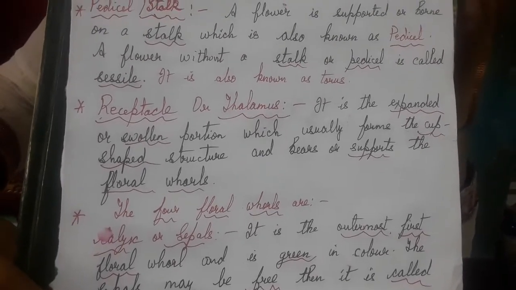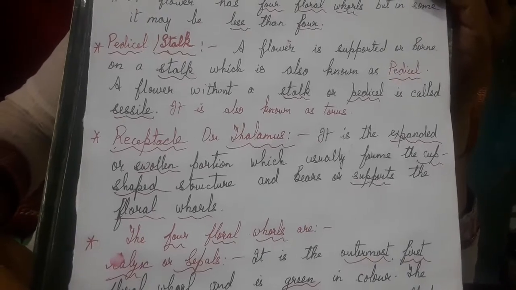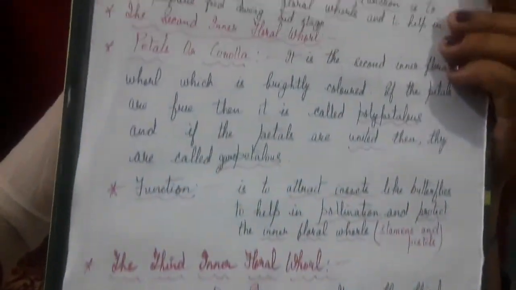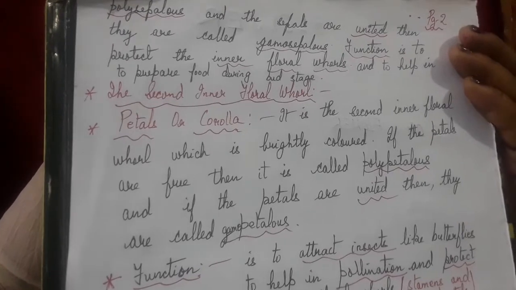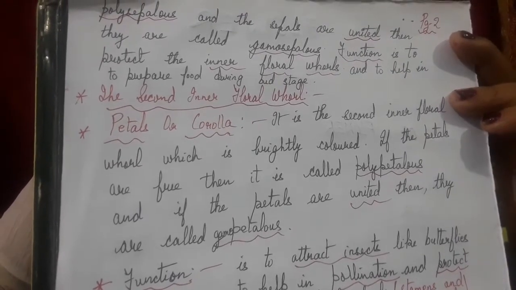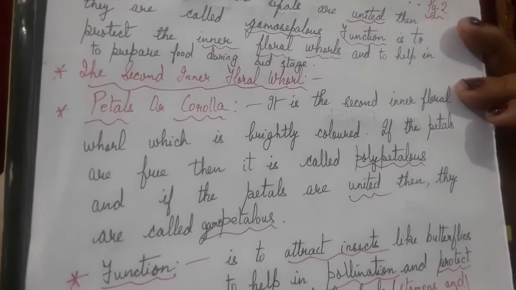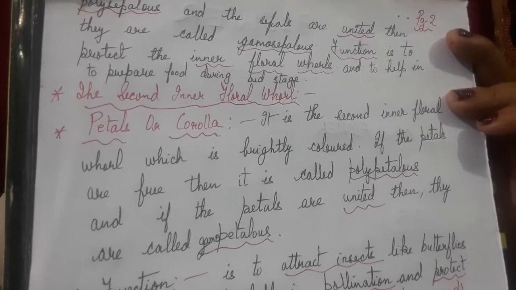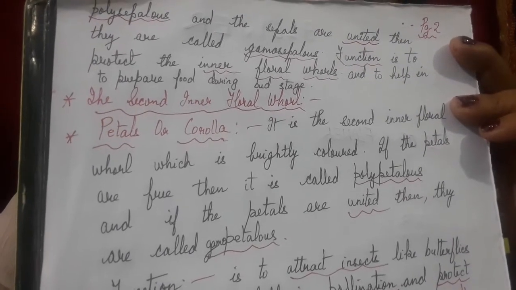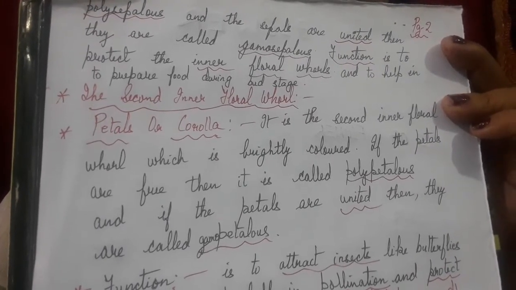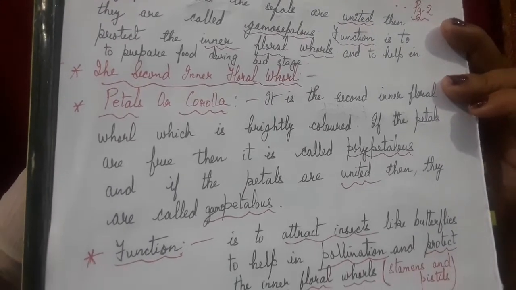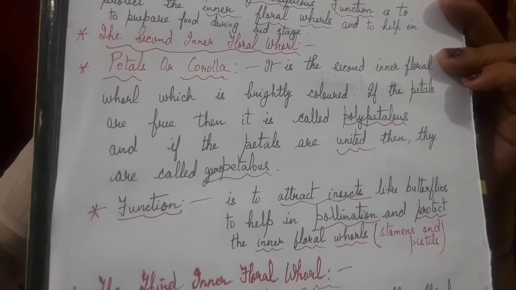If you're asked the floral whorls, then you have to mention starting from calyx, corolla, androecium and gynoecium. Technically, like you may be asked in a 1 mark question, what do you mean by gamosepalous and polysepalous? You may also be asked what is the function.